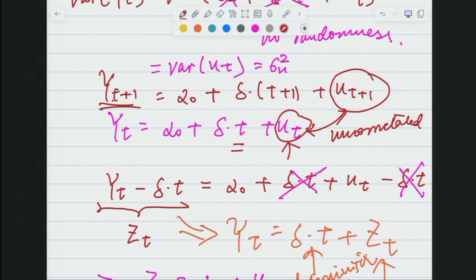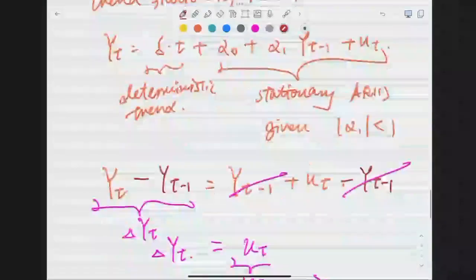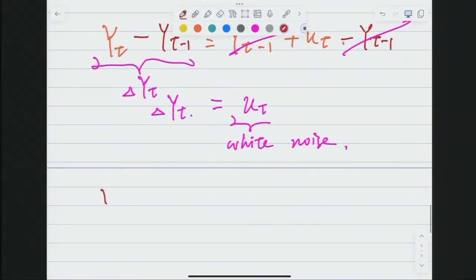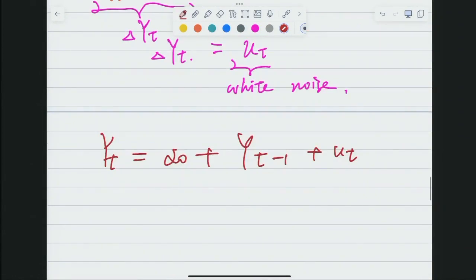So any time series, as long as it has a stochastic trend, can be made stationary by differencing. Even with a drift, this is the random walk with drift.